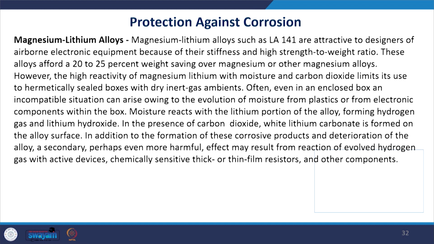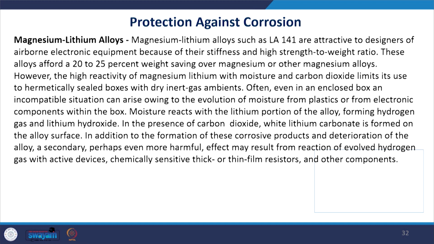Often, even in an enclosed box, an incompatible situation can arise owing to the evolution of moisture from the plastic or from the electronic components within the box. The moisture reacts with the lithium portion of the alloy, forming hydrogen gas and lithium hydroxide, and in the presence of carbon dioxide, white lithium carbonate is formed on the alloy surface.